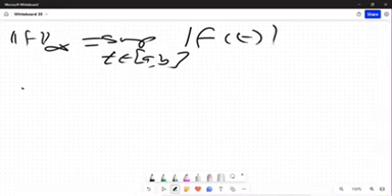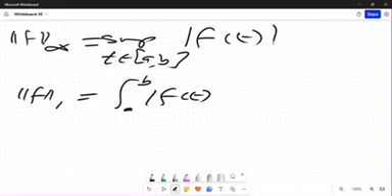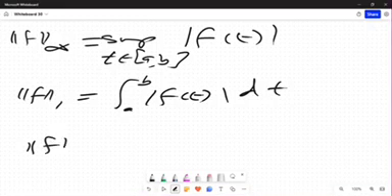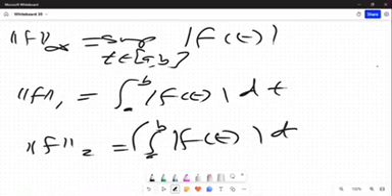The second norm, let me call it norm 1, which is equal to the integral from a to b of the modulus of f of t dt. You can also show that it's a norm. I have another one, norm 2, which is the integral from a to b of the modulus of f of t squared with respect to t, to the power half.